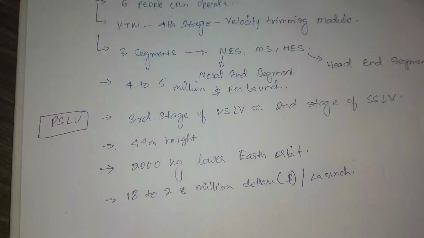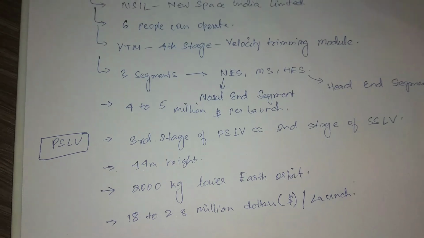Second is the PSLV. So you know that PSLV is polar satellite launch vehicle. The good thing about PSLV and SSLV is that the third stage of PSLV is the second stage of SSLV.